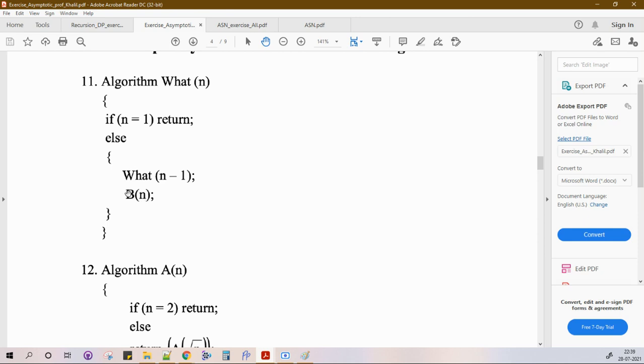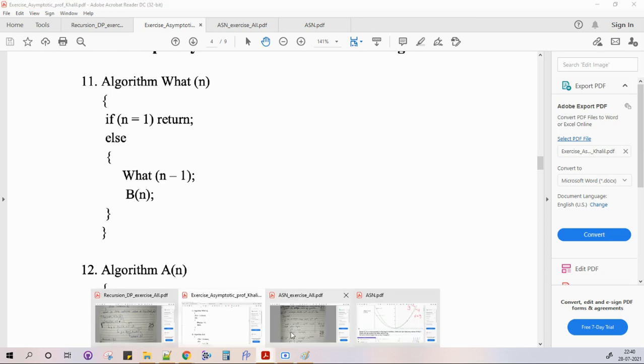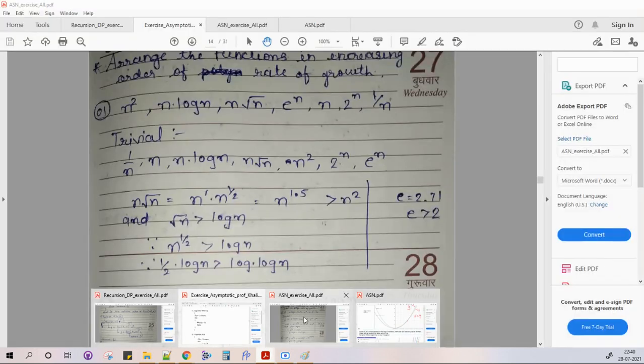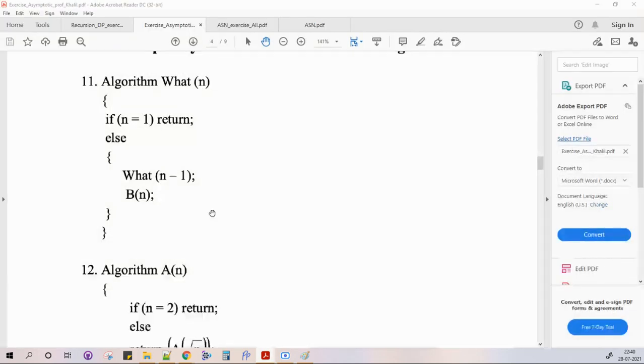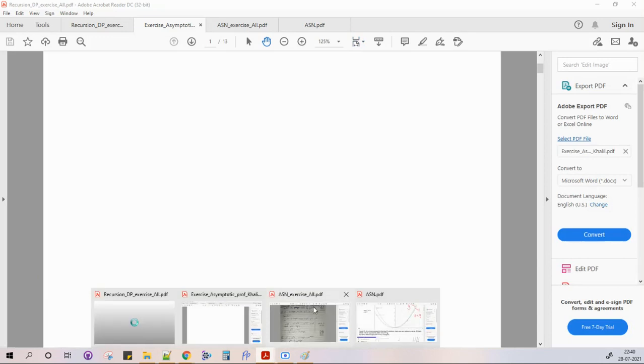So b of n is just some function call. In each recursion, I compare the base case. If it is not the case, I call the function with n minus 1, and I call one more function b. And this b can be order of anything: 1, n, 1 upon n. So we will take all three cases.